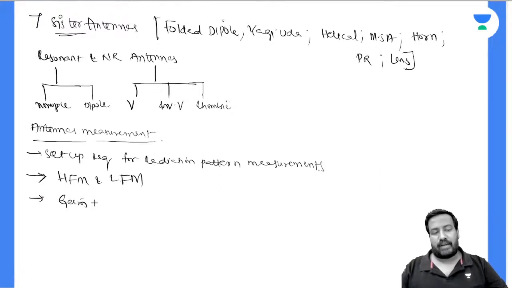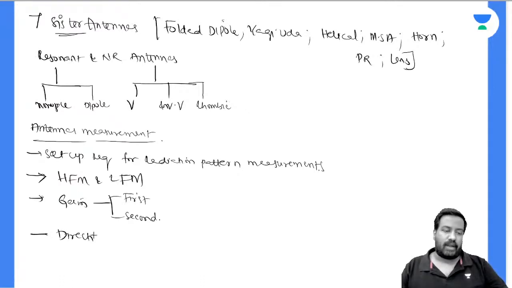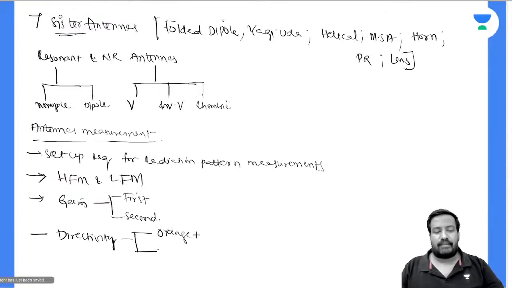We have seen measurement of gain by first method or three antenna method, and second method or measurement of absolute gain by two standard antennas. We have seen measurement of directivity as it involves double integral. We had used graphical numerical methods, namely orange slice method and conical cut method.